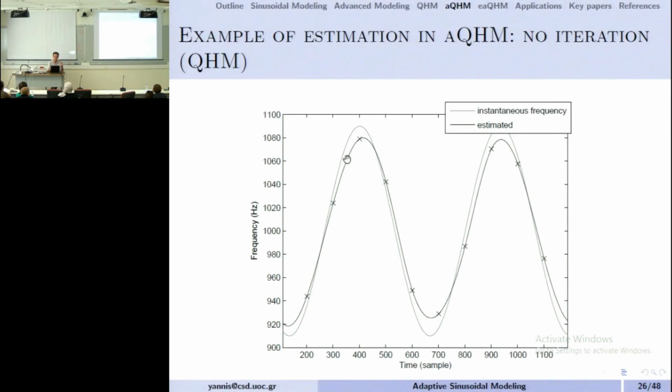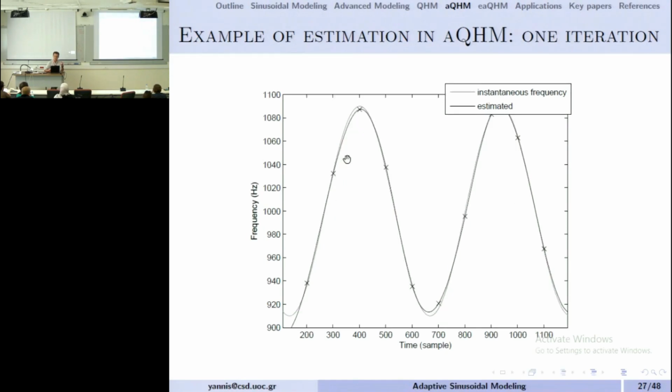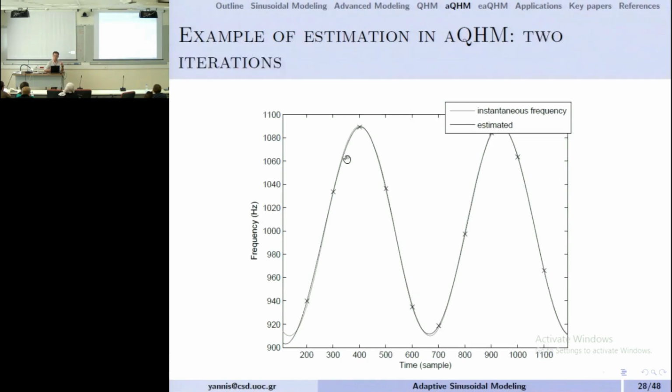Now, by doing this spline interpolation and estimation of the instantaneous frequency, we can re-estimate AK and BK, and then go to the next iteration. So we are very close now to what was the input, and now even much closer with just 2 iterations.